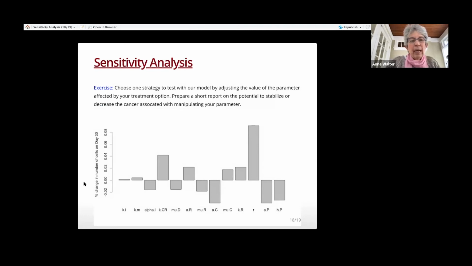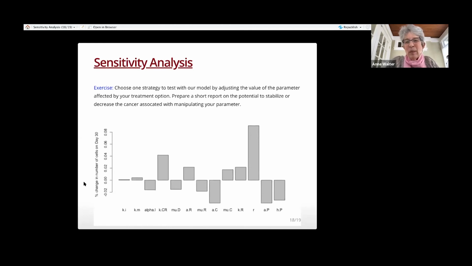And so then at the very end, we ask students to do what we were asking you to think about, which was to look at each of these parameters, whether they cause a bigger tumor at the end or a smaller tumor at the end, and come up with some kind of suggestion for adjusting the value of that parameter. And this is where some of the biology comes in. Almost all of these parameters are adjustable.